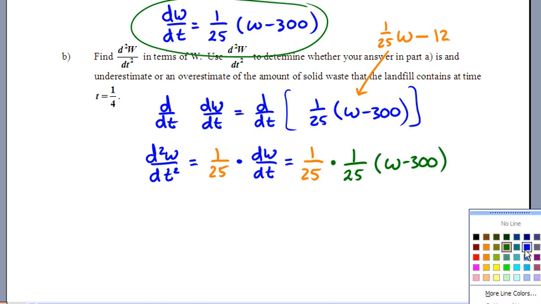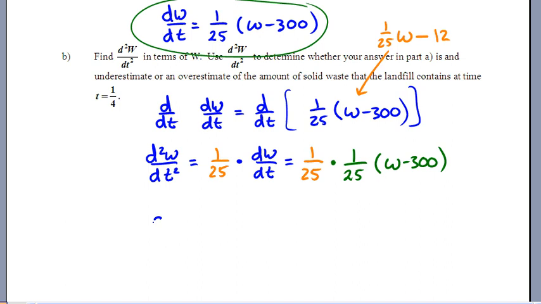I could say this, that d²W/dt², which talks about the concavity of this graph, is actually equal to (1/25)² times (W minus 300).